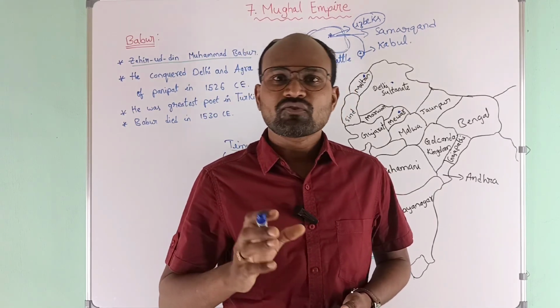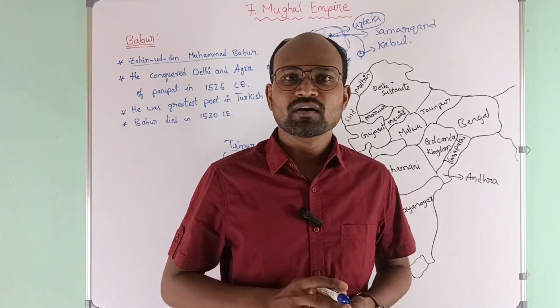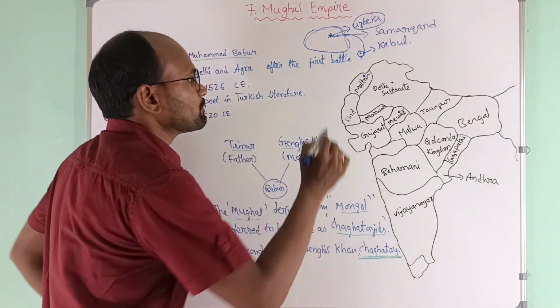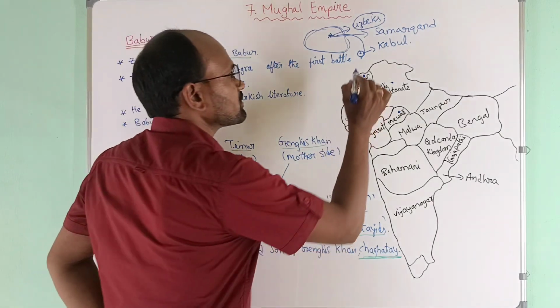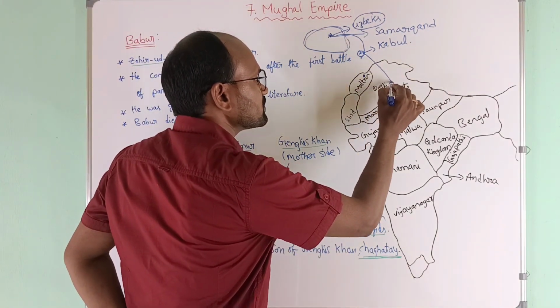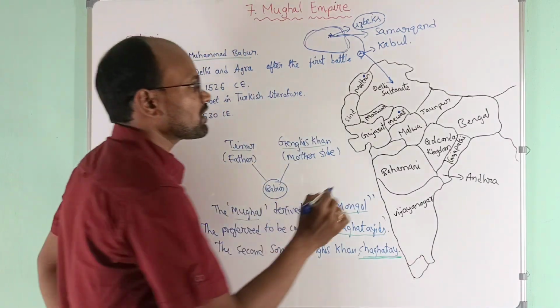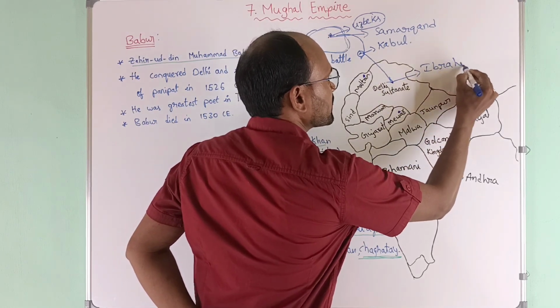Actually, many foreign traders and invaders invaded India because of this wealth. So Babur also eyed the Indian subcontinent. That is why he tried to invade northern India during the time of Ibrahim Lodi.